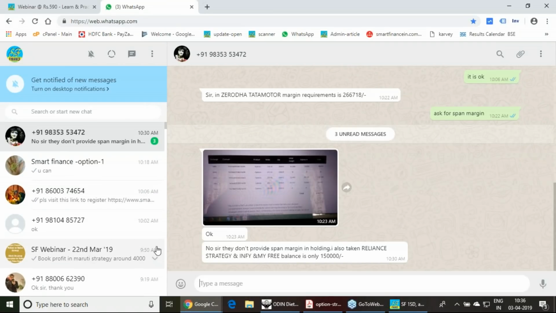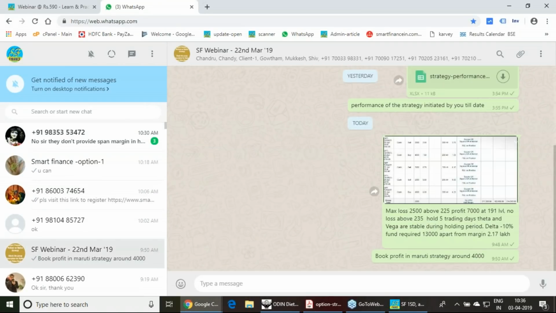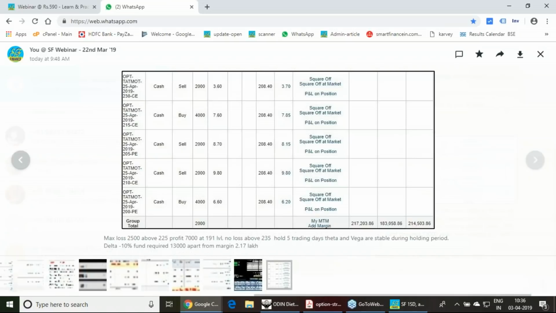So this particular strategy, we also give in our paid groups. It is mentioned here. 230 call option, you are selling 1 lot. I just summarize: 215 call option, you are buying 2 lots. This is buy and this is sell.